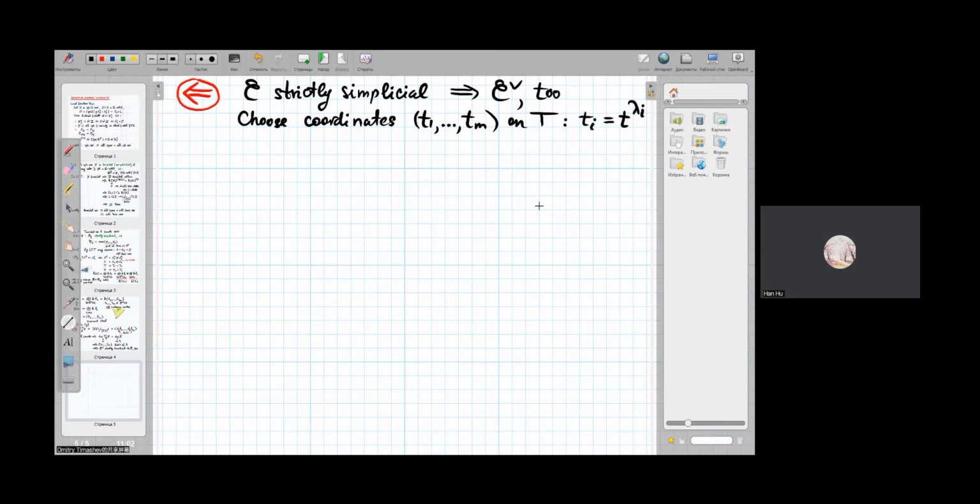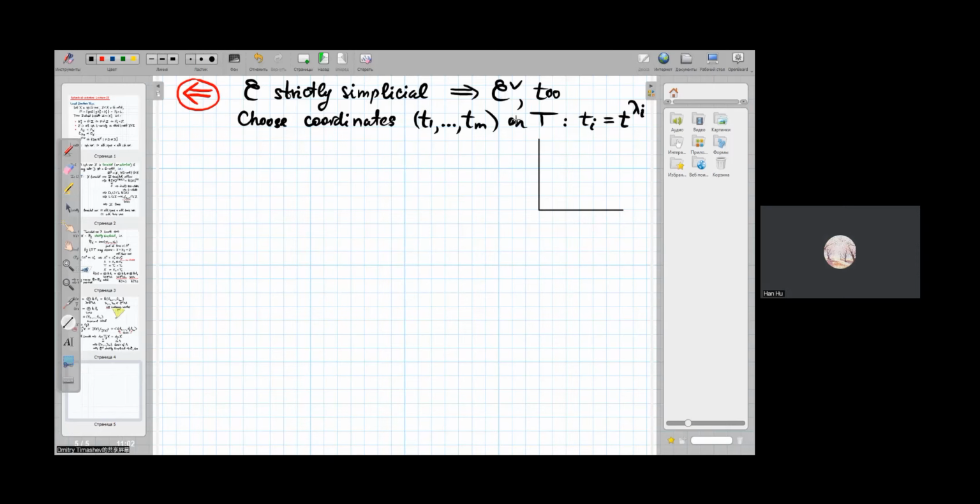So you have the basis of the lattice lambda given by indecomposable lattice vectors in the cone C check.